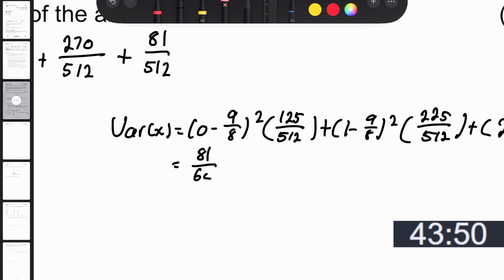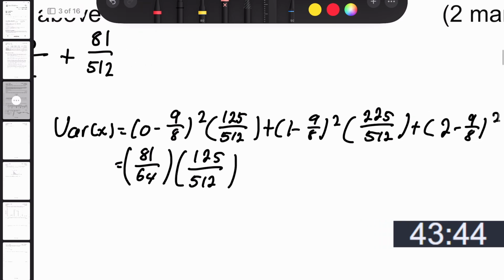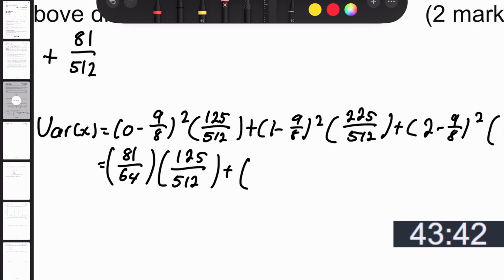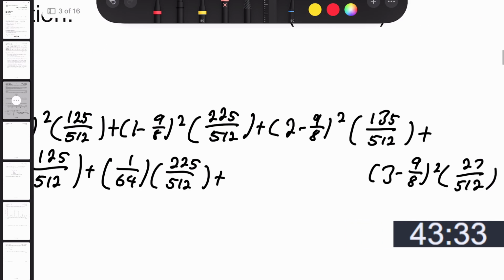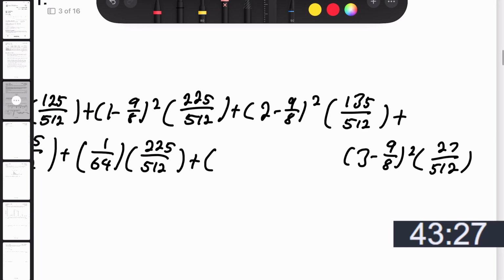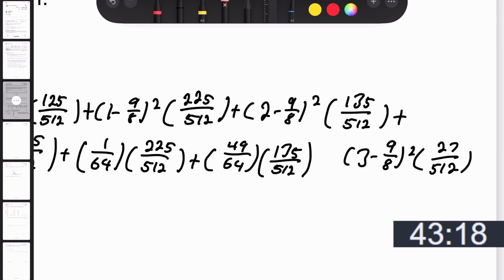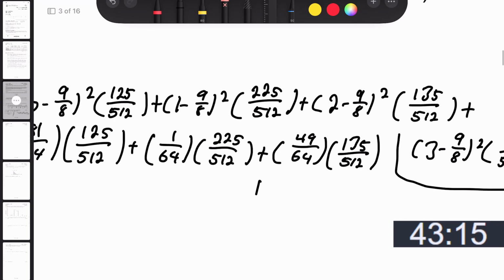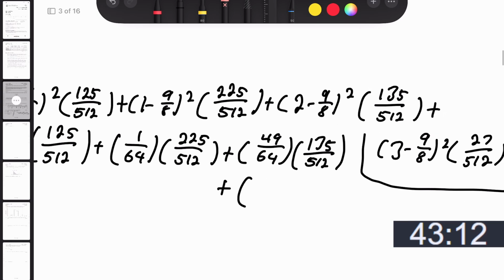This is 81 on 64 times 125 on 512, plus negative 1 on 8, so 1 on 64 times 225 on 512, plus 7 on 8, so 49 on 64 times 135 on 512, and then plus 15 squared on 64, so 225 and 64.